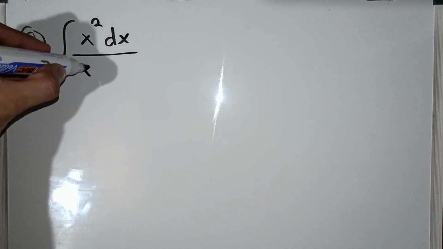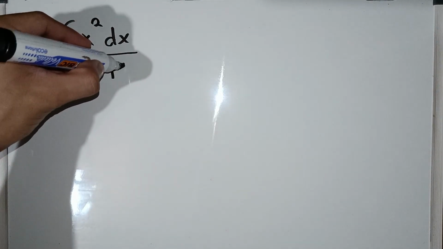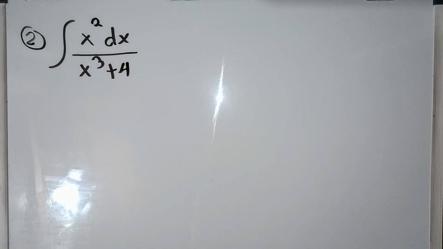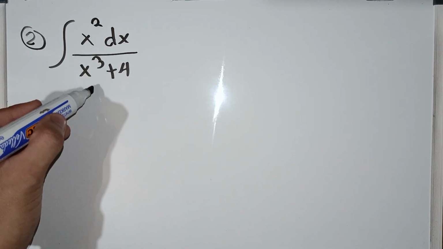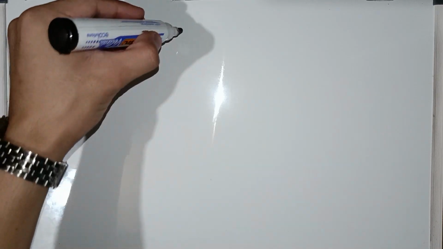For problem number 2, let's try the integral of x squared dx all over x cubed plus 4. As you can observe, when we differentiate the x cubed in the denominator, we will get the x squared.